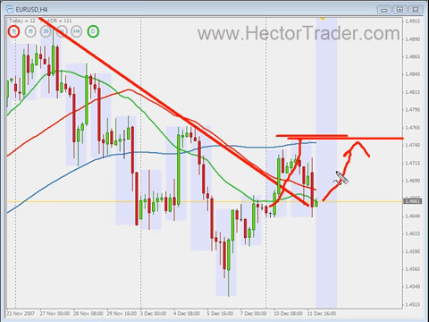If we keep on going up and take out this breakout thrust at the 147.50 level, I will seek to enter long on the euro against the USD. That will be a long-term position.